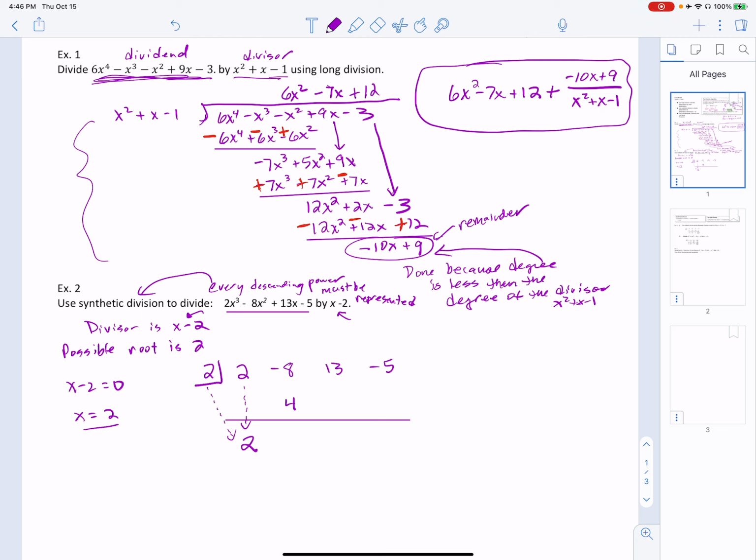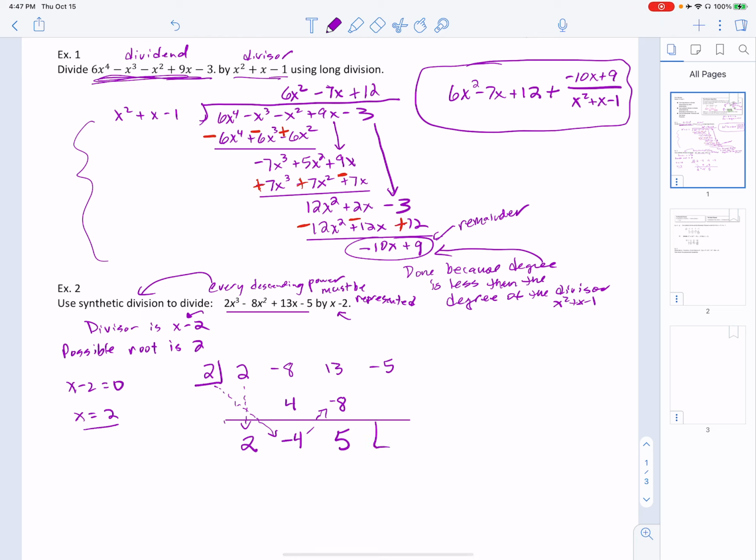Then you add negative 8 and 4, and you get a negative 4. And now you multiply that negative 4 times the 2 and put it right here, getting a negative 8. And then you add 13 and a negative 8, which is 5.